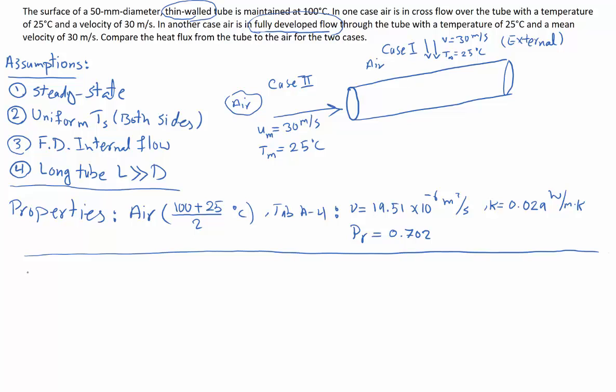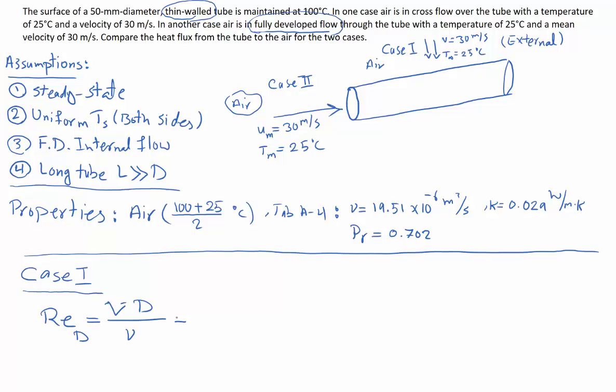We start with case 1, which is the external flow. In order to know what kind of correlation we can use, we first need to find the Reynolds number. So we find the Reynolds number of the external flow using the definition: velocity times diameter over viscosity.